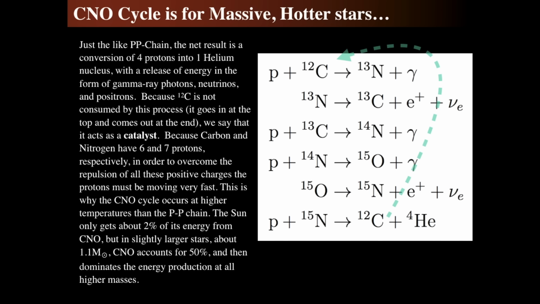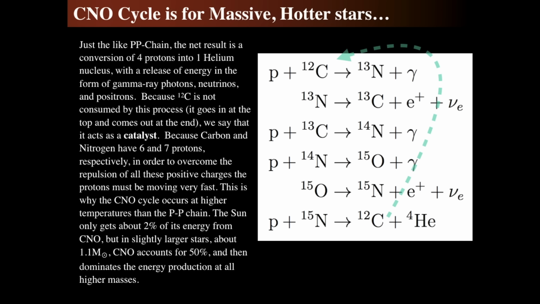One of the neutrons decays to become a carbon nucleus, carbon-13, and it emits a neutrino and a positron, which is an anti-electron, which then slams into an electron and forms more light. But then the carbon-13 collides rapidly with another proton, which forms nitrogen-14. So we're back to nitrogen again, and that emits light in the form of gamma rays.